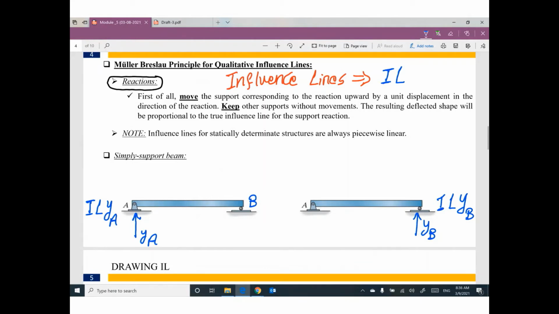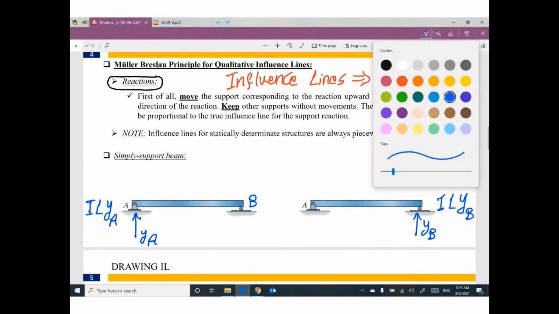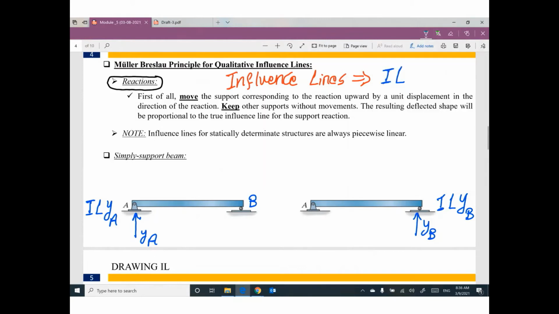Pay attention to me, please. It's very easy to apply this rule. Muller-Breslau principle for qualitative influence line. If you would like to draw influence line for a reaction, go ahead and apply this rule. What is the rule?